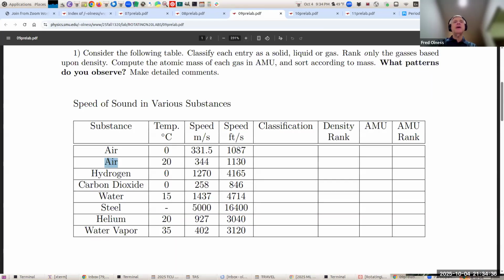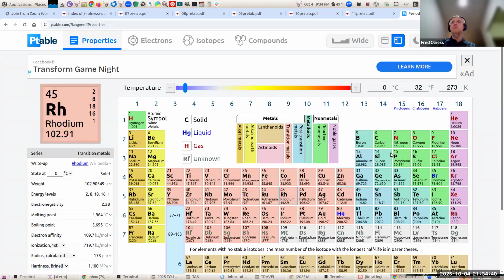Okay, and then carbon dioxide, that's CO2. Carbon is 12, oxygen is 16, and there are 2 oxygens. So 16 + 16 is 32, plus 12 is 44, I think, if I got that right. So we're going to put CO2 at 44.